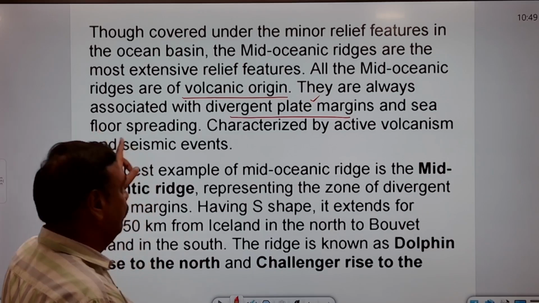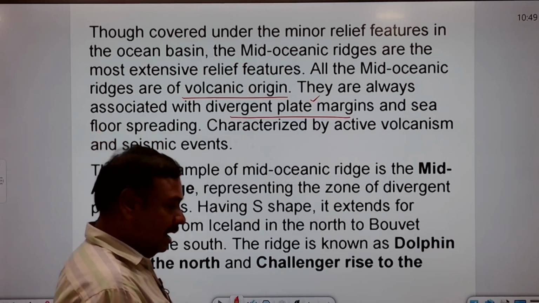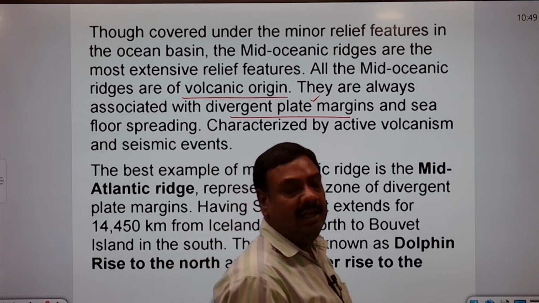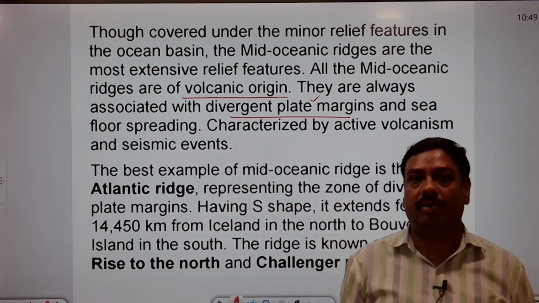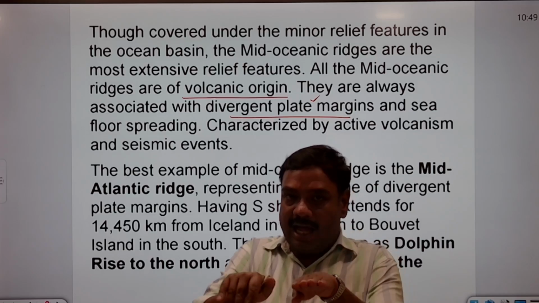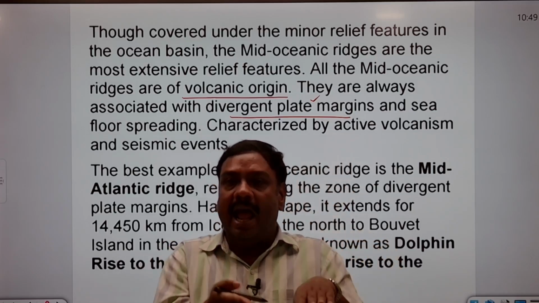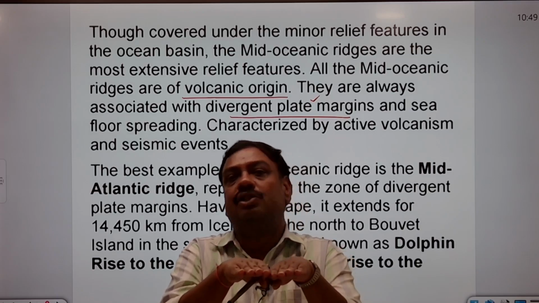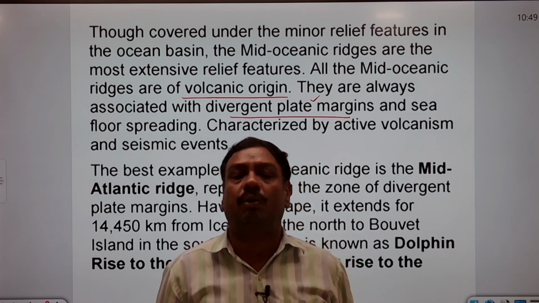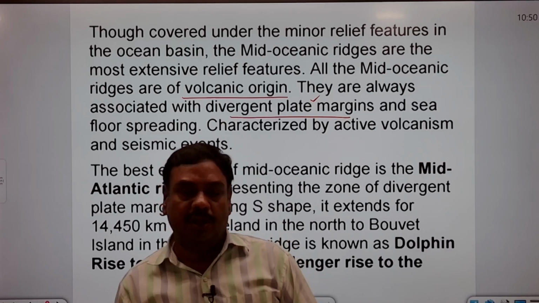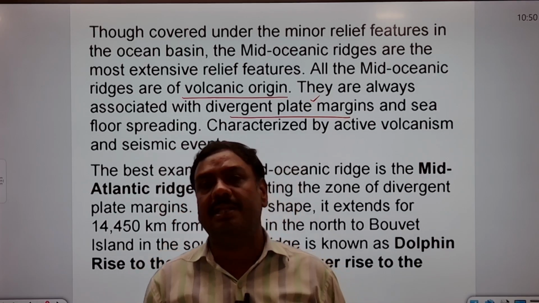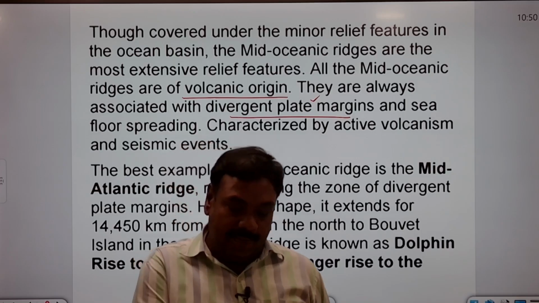and seafloor spreading. Seafloor spreading means, actually we are defining here the deep sea plains as the seafloor, right? And when the seafloors are moving apart from each other, between two plates of oceanic lithosphere or oceanic crust, you can say, the magmatic material is coming out.